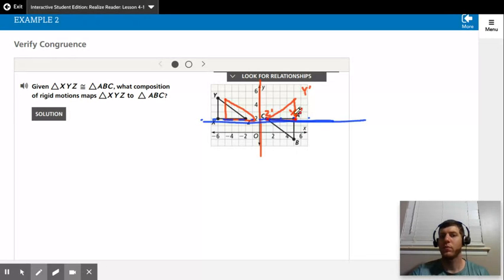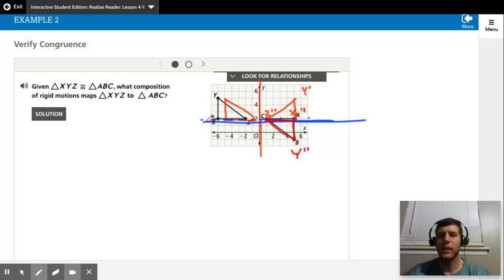Y prime is 3 units above, so it's going to go 3 units down. So when you reflect over that line, this would be Y double prime. This would become X double prime and Z double prime. And so triangle X double prime, Y double prime, Z double prime is the same as triangle ABC.